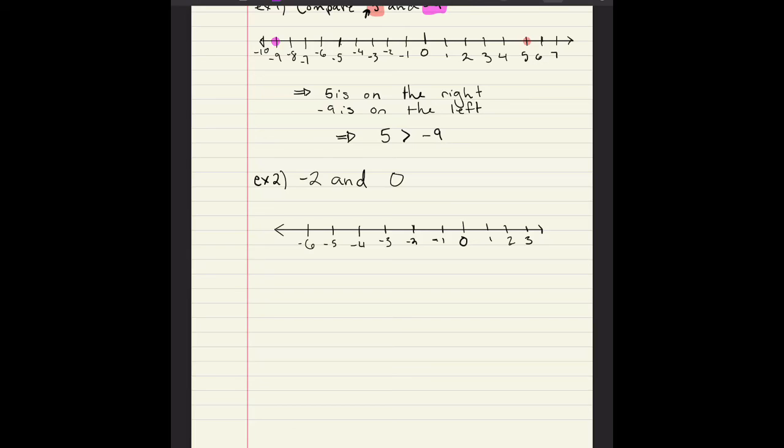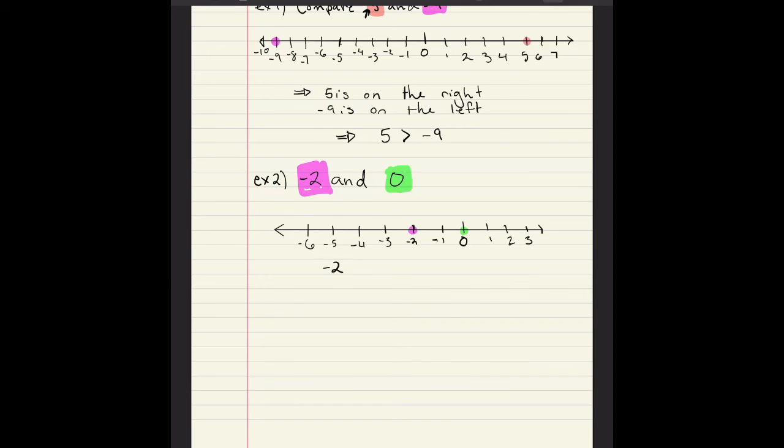All right, so now we need to compare -2 and 0. So let's do -2 in pink and 0 in green. So I need to graph -2, so it's 2 places behind the 0 on the left, and 0 is exactly at the 0.